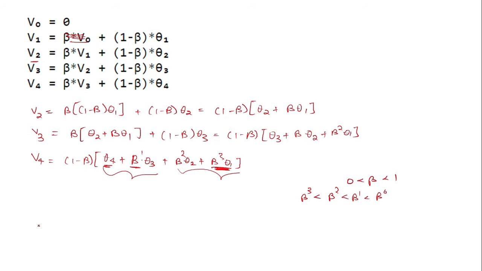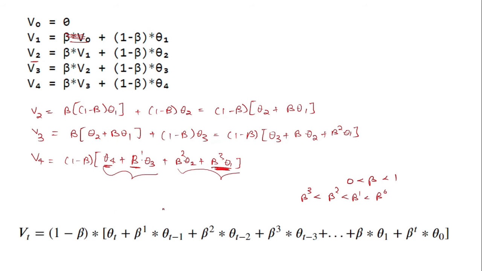When we calculate Vt for a given time t, the equation will become something like this. Beta power t will be multiplied with theta 0, and beta power t minus 1 will be multiplied with theta 1, and so on. This shows that relatively lower weightage is given to the older data points while relatively higher weightage is given to the newer data points.